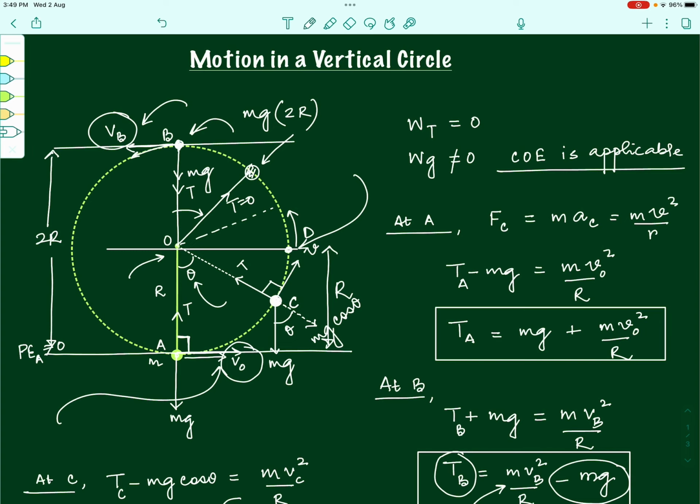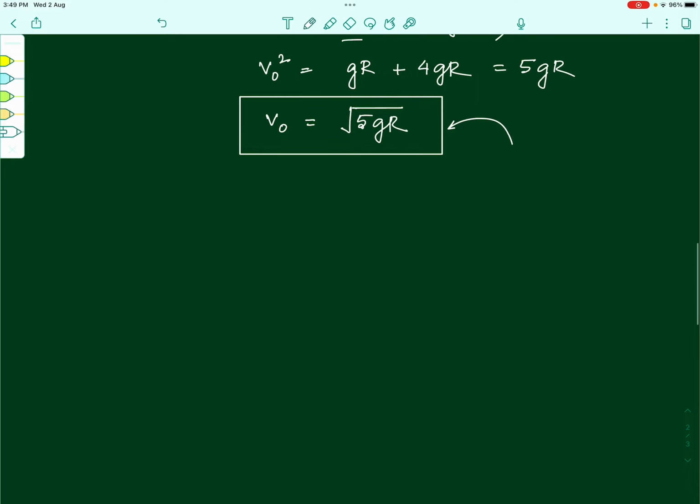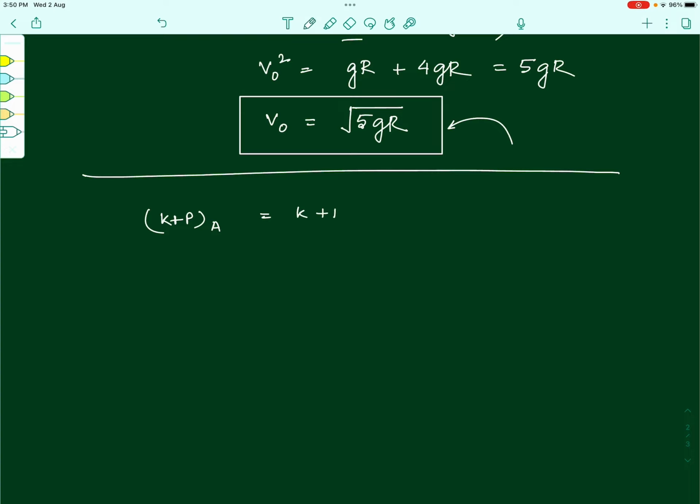So, can we use the law of conservation of energy between the points A and D? To find out the velocity at D, we can write kinetic plus potential energy at A will be equal to kinetic plus potential energy at D. Again, kinetic energy at A is half mv naught squared, and the value of v naught we know now.